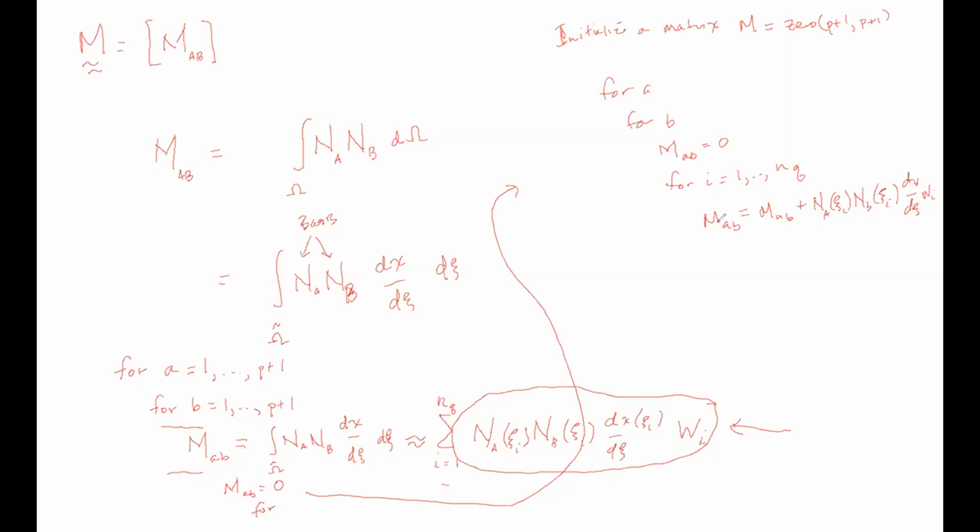Since each entry has already been initialized to 0, we could get rid of these and replace them with M at AB is equal to M at AB plus this.